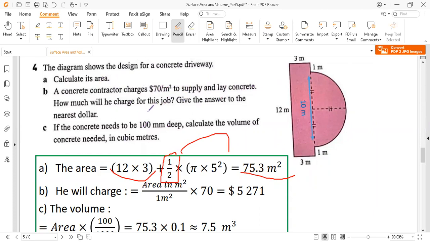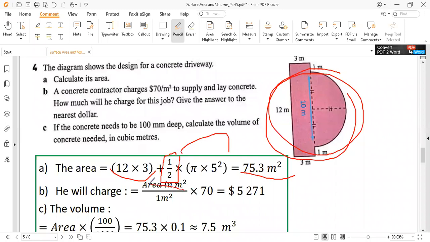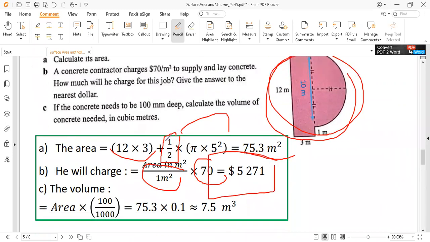The whole charge of this contractor: we divide the surface to find out how many meters squared it contains. So 75.3 meters squared, we divide by 1 meter squared and finally multiply by 70 to obtain $5,271.